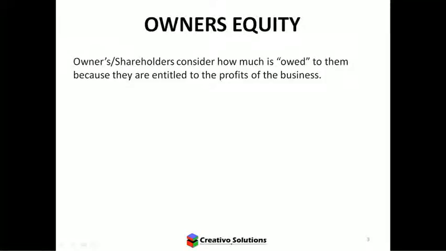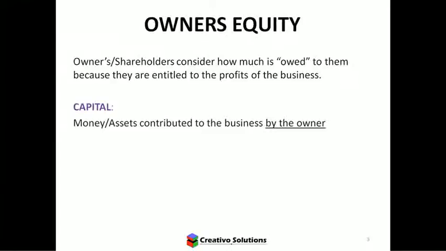So what is owner's equity? Owners or shareholders consider how much is owed to them because they are entitled to the profits of the business. So think about this. If you're the owner and you're going to be creating a business, what you have in terms of equity in the business is yours and you own that.